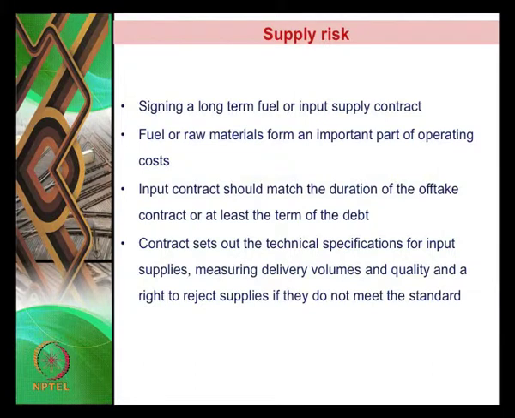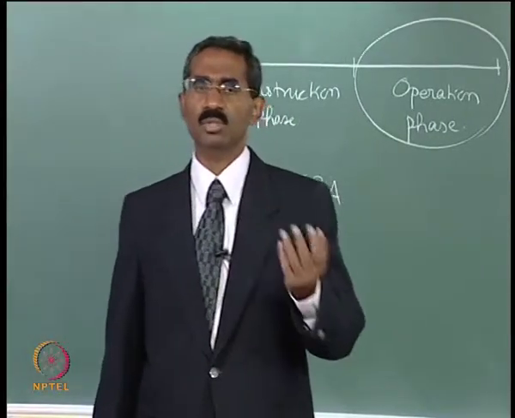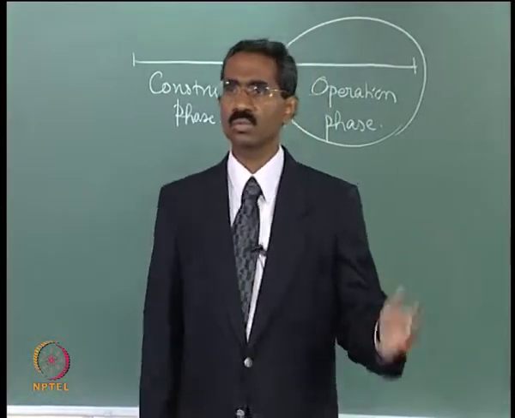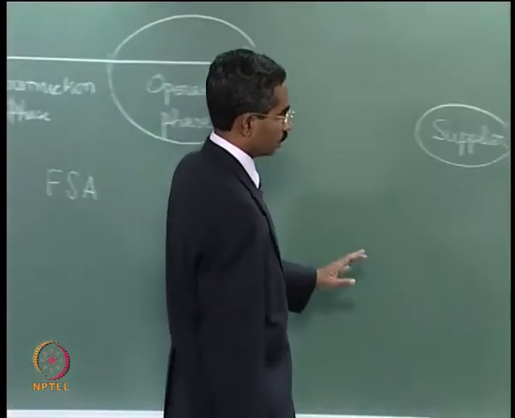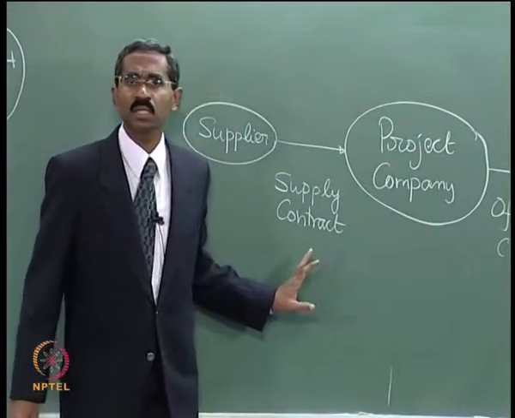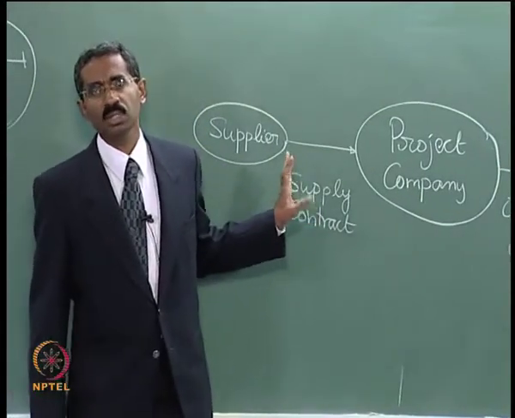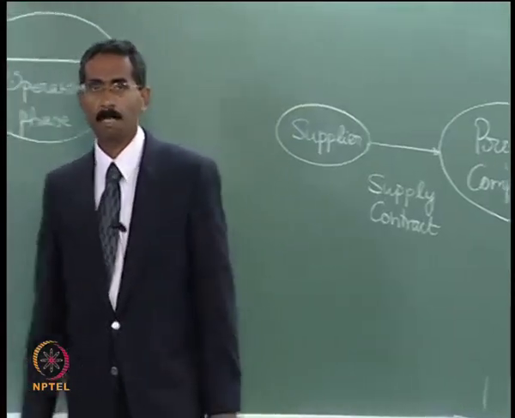So if it is coal, how much will be the proportion of sulfur, and how much will be the impurities, or how much will be the density of crude, and so on and so forth, right. So both the quantity and the quality are important specifications that will be there in the supply contract.